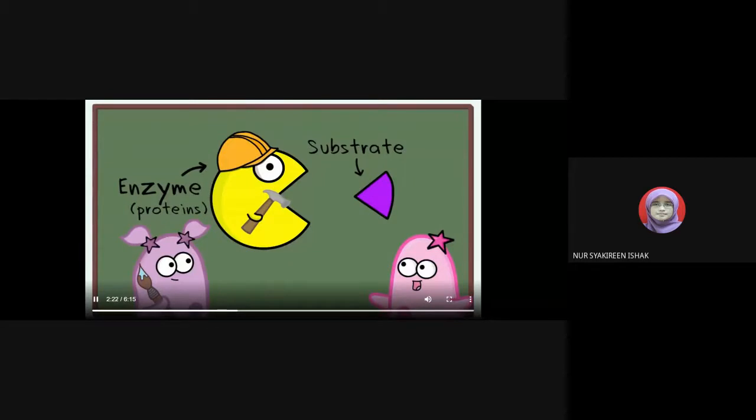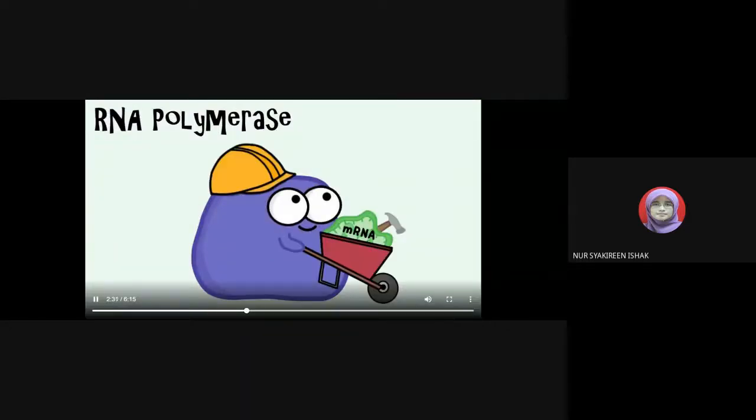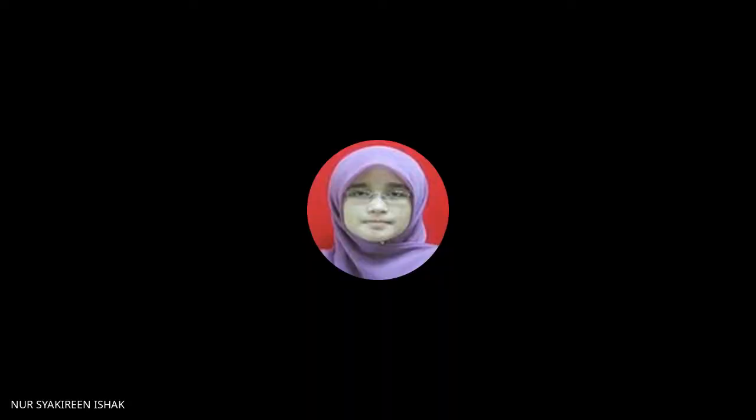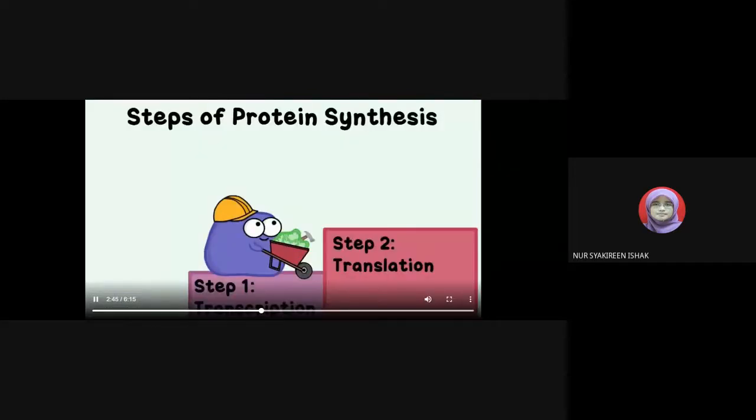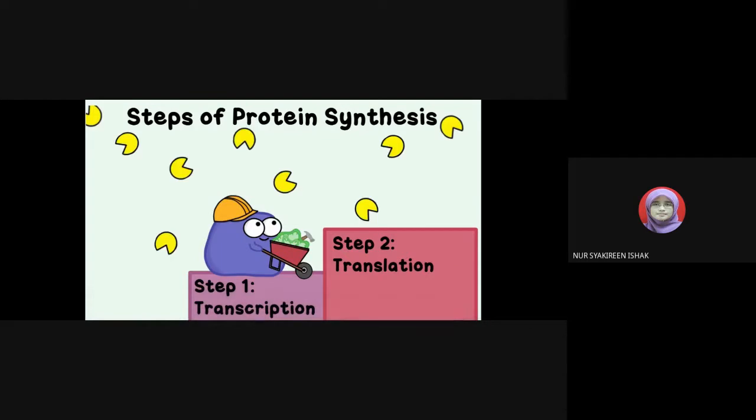Now let's talk about some key players in an operon so that we can see some gene regulation here. First, RNA polymerase. It's a builder enzyme actually, because RNA polymerase is an enzyme. In biology, a lot of enzymes end in that ASE. RNA polymerase is for transcription. Remember that transcription and translation are steps in protein synthesis. Protein synthesis means to make proteins, enzymes in this case.